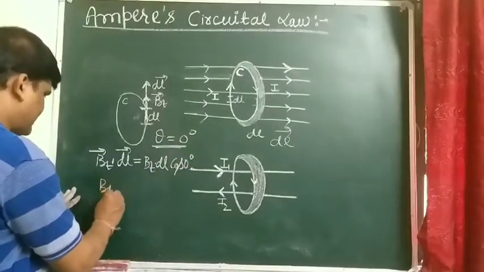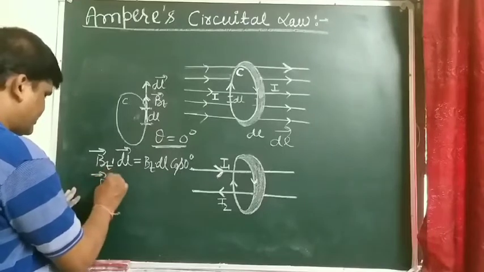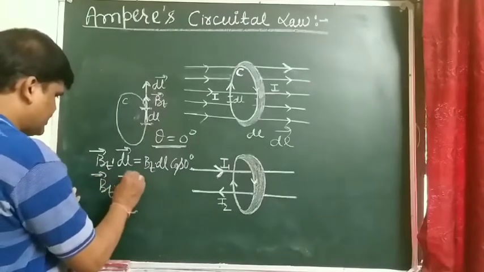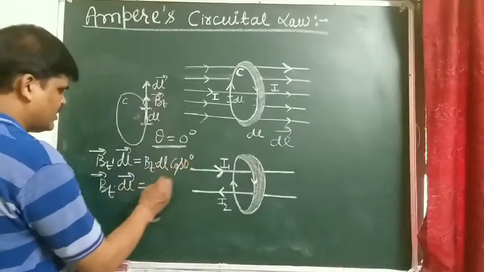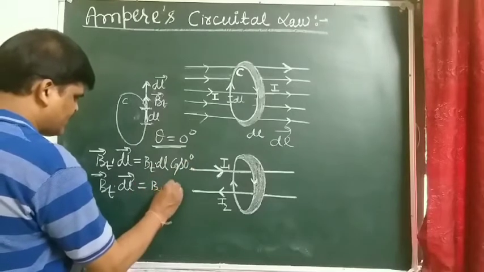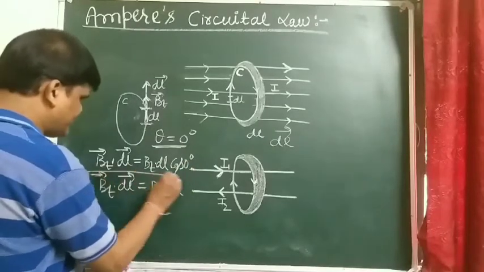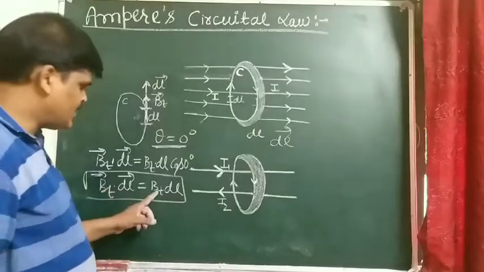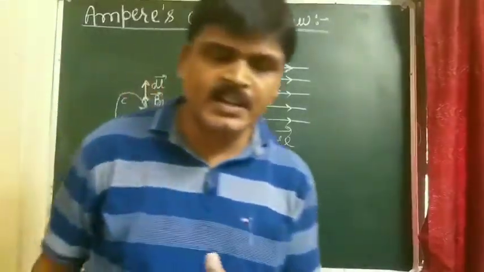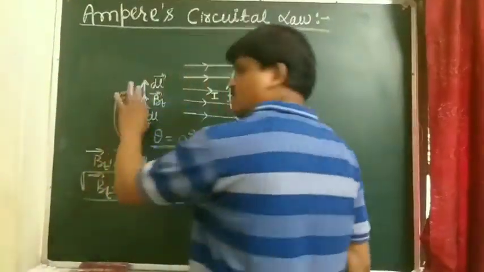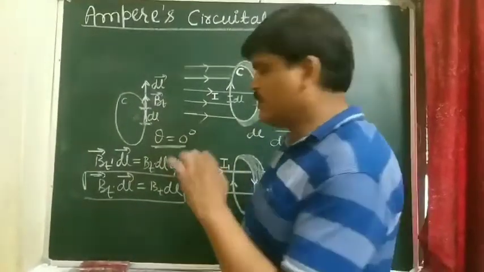So Bt dot dl can be written as Bt dl, where Bt is the tangential component of the magnetic field at this line element.